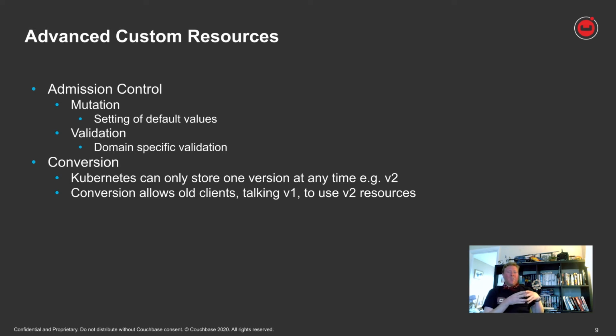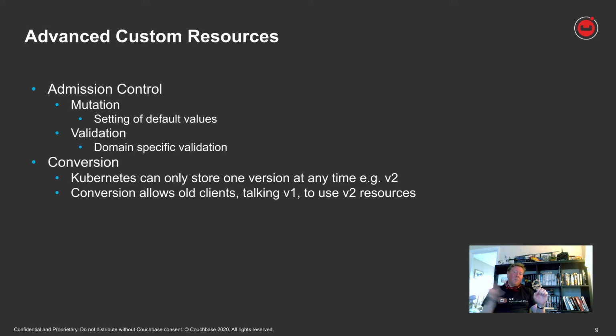In later versions of custom resources, there's a thing called a conversion webhook. When you define a custom resource, there's only one version that's allowed to be stored in the database backend of Kubernetes. However, you might have older applications that understand V1 instead of V2. When you request a V1, the API will call out to etcd to get the resource.